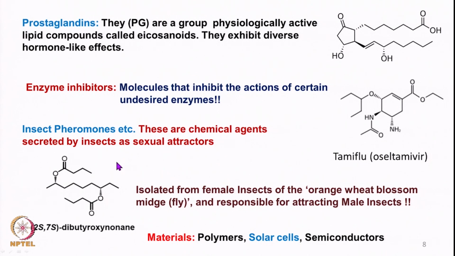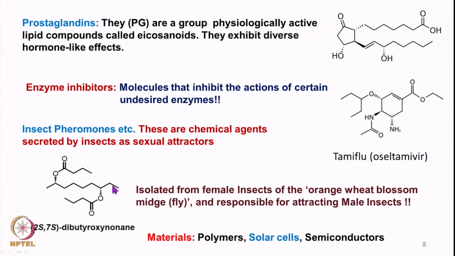So, now what happens is when in certain fields or certain agricultural lands, there are different kinds of insects which are present and spoiling the field, then that becomes a problem. For example, this particular compound is isolated from female insects of the orange wheat blossom midge. That means this compound is isolated from the female insects which remain close to the wheat and spoil the wheat.